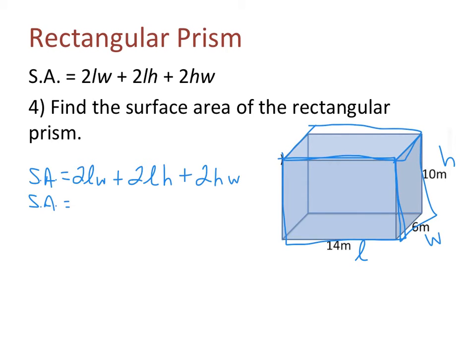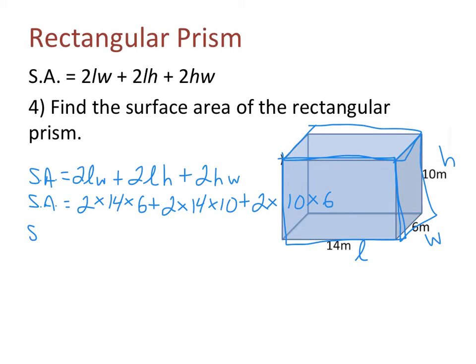Okay, so we said our length is 14, so we have 2 times 14, and then our width is 6, so times 6, plus 2 times 14 times 10, plus 2 times 10 times 6.